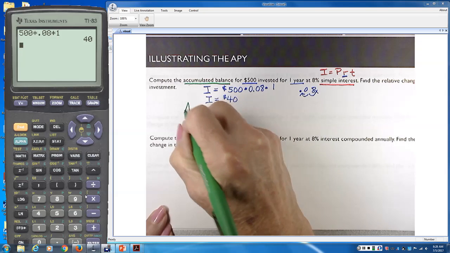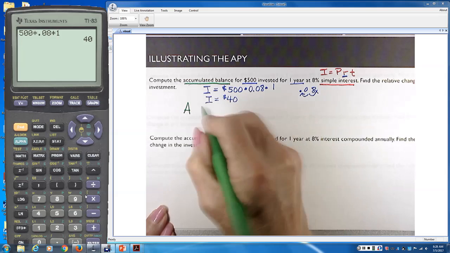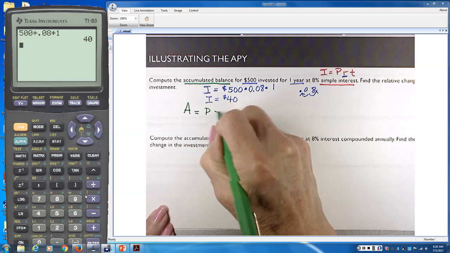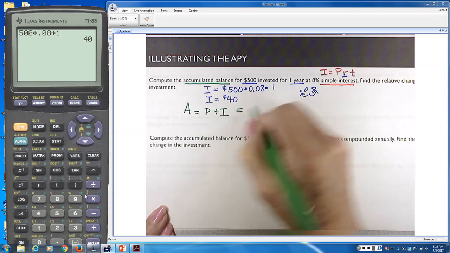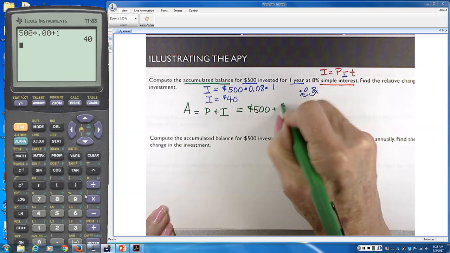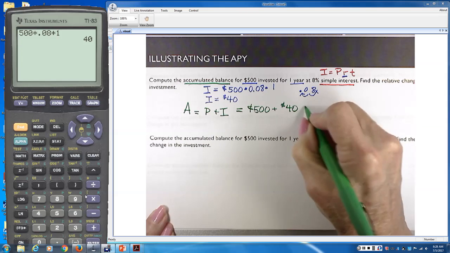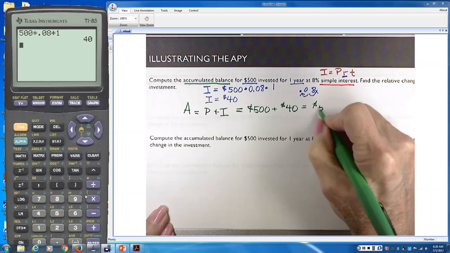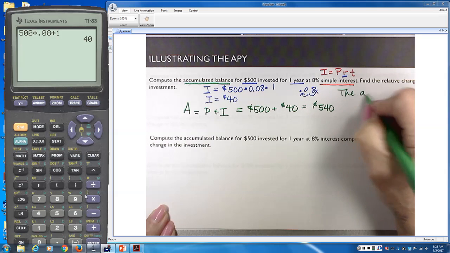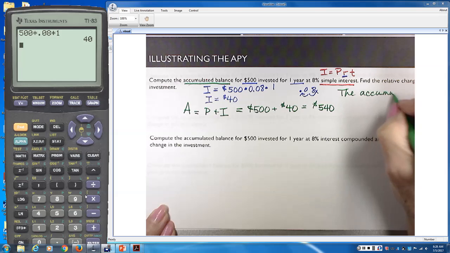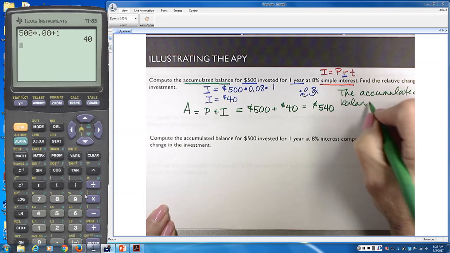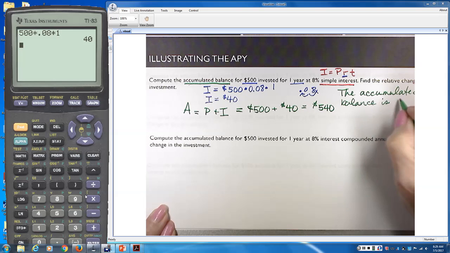So we'll call that A for accumulated, and that is the principal plus the interest. So that's going to be your original $500 plus your interest of $40. So the accumulated balance is $540.